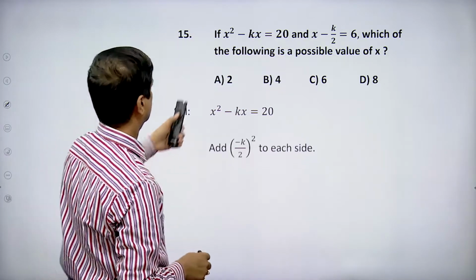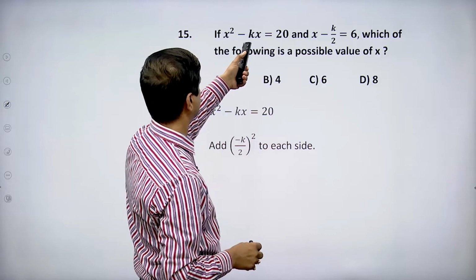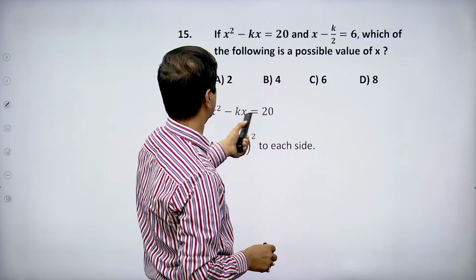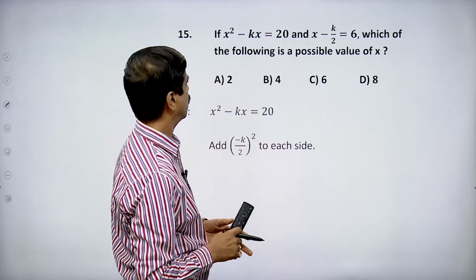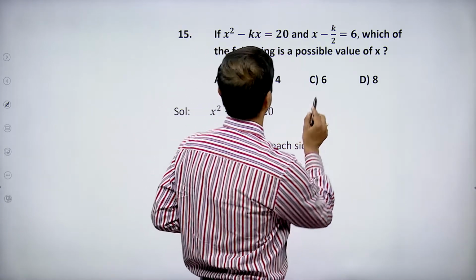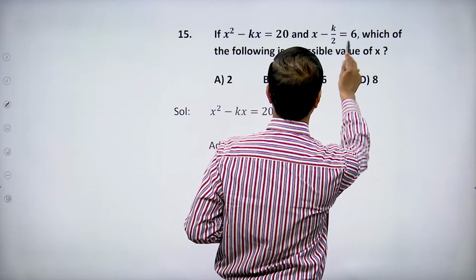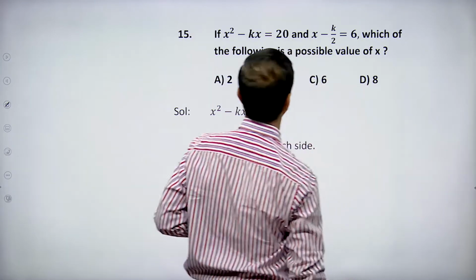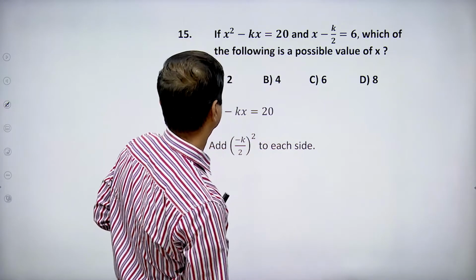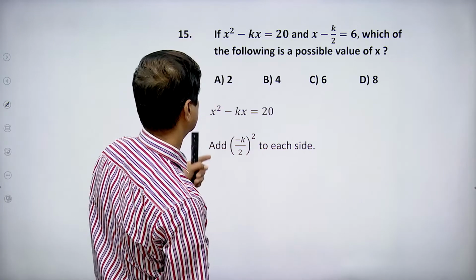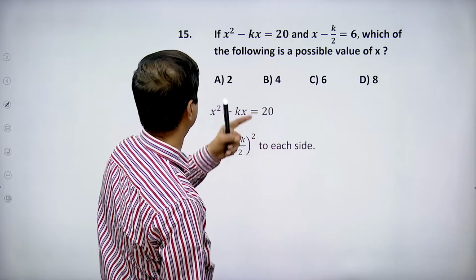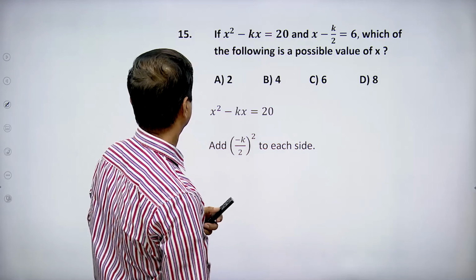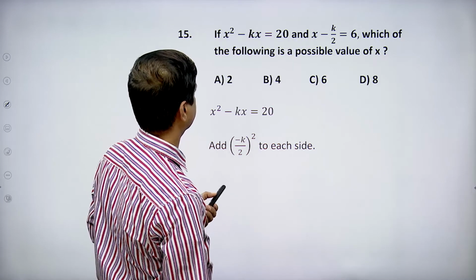So x square minus kx minus 20 is equal to 20. x equal to 6 plus k by 2 we got. What is the possible value of x? So we need to eliminate k from both of them.